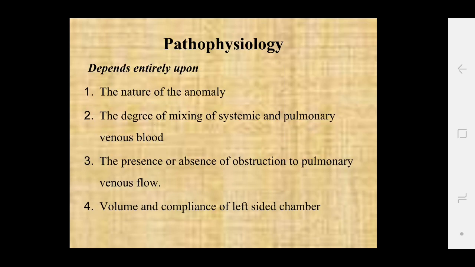Let's discuss this. As we gave a brief about the pathophysiology before, in total anomalous pulmonary venous return there is left to right, then right to left shunting.